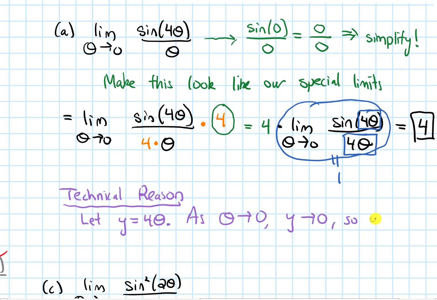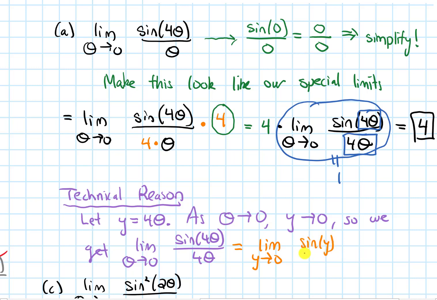So we get our limit, which is the limit as theta goes to 0 of sine of 4 theta over 4 theta. That limit will be equal to the limit as y goes to 0, because as theta goes to 0, y goes to 0, of sine of y over y. And now that's exactly our special limit. That is equal to 1.